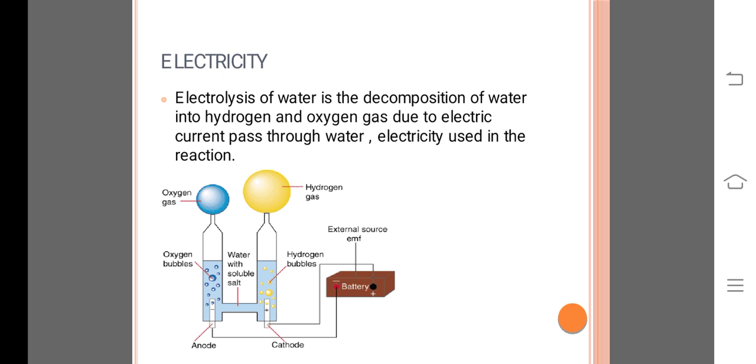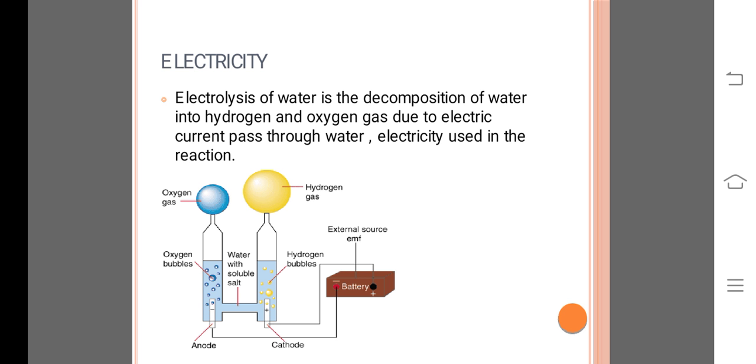Electricity: for some chemical reactions, you need electricity, and the reactions which happen with the help of electricity, we call them electrochemical reactions. And here is electrolysis of water, the decomposition of water into hydrogen and oxygen gas due to electric current passing through water. Electricity is used in the reaction.